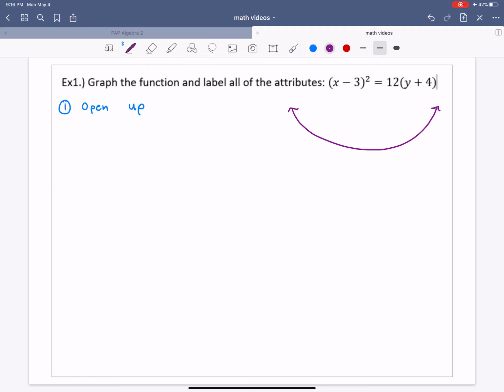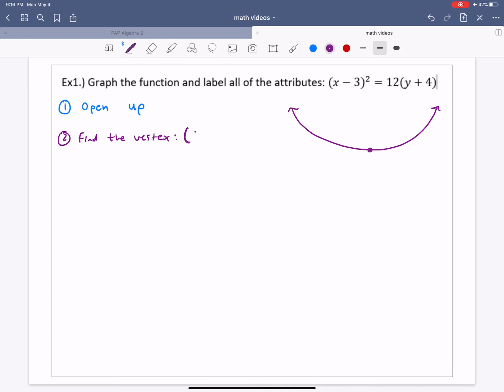The next thing that I'm going to do is find the coordinates of the vertex. So step number 2, find the vertex. The coordinates of the vertex, we use our h value and our k value.